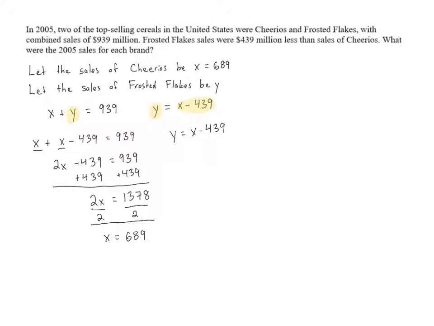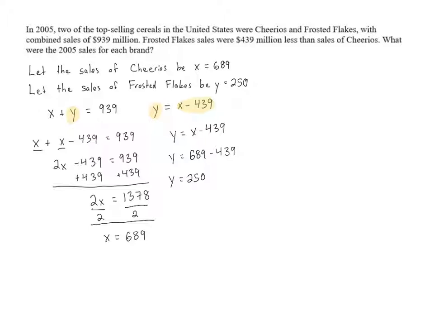But we figured out the value of x, so we can plug in 689 for x, and then do the math and figure out the value of y. And 689 minus 439 is 250. So y is 250. And remember that these are measured in millions of dollars.